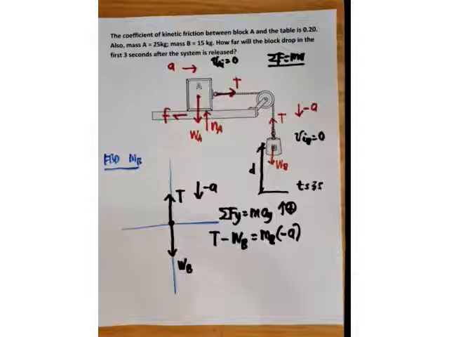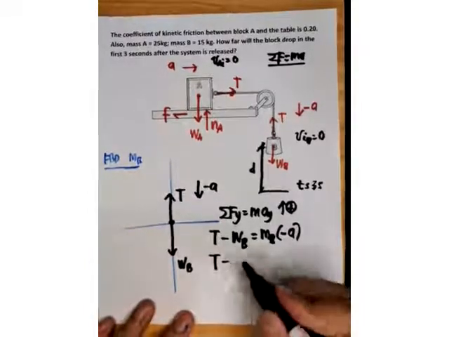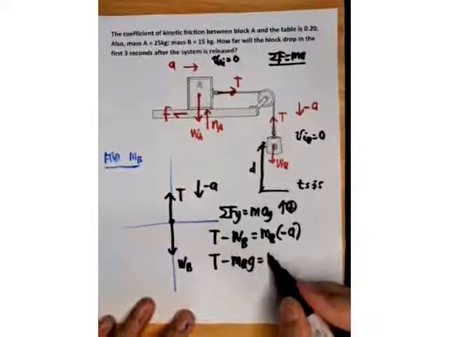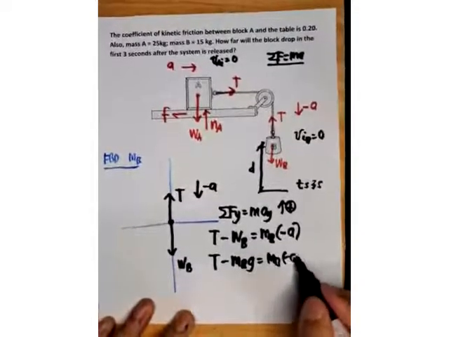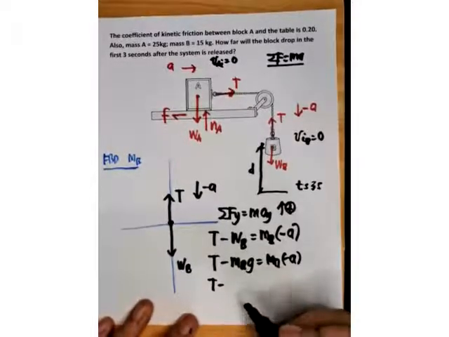Okay. Question? Ayan. So let's continue. So that is tension minus weight B, which is mass of B times gravity, equal to mass of B times negative a. So that's tension minus, what's this?